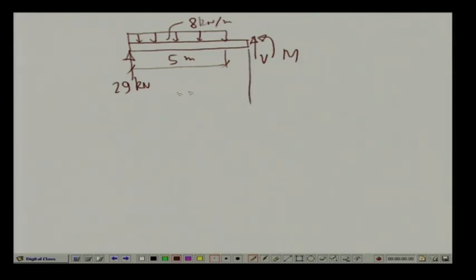Now, this is a distance which we have chosen as x, which is a variable distance, and this particular section is BB. Now, if we take the vertical equilibrium of all the forces, we have V plus 29, which is R A, minus, now here the whole loading acts, which is 8 kilonewton per meter over the length 5 meter, we have 40, and at this point mind that we have a concentrated moment which is 12 kilonewton meter.